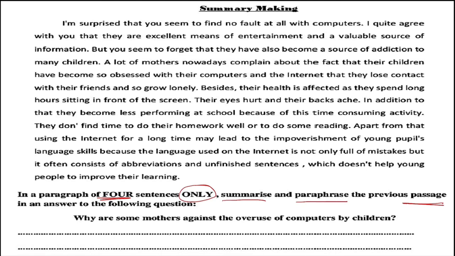Why, for example, are some mothers against the overuse of computers by children? So the first thing we understand is that we have mothers or parents that are against the overuse of computers, not using computers, it's the overuse, which means using too many computers by children, all right? And we need to know why. So we need to know their justifications. Why do they do so?